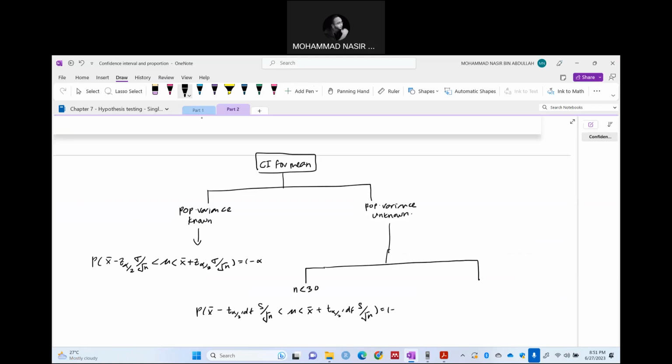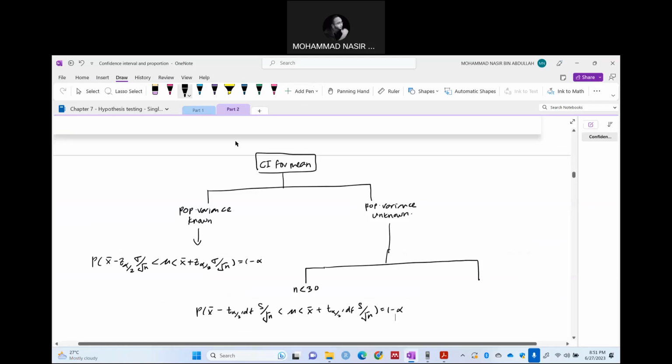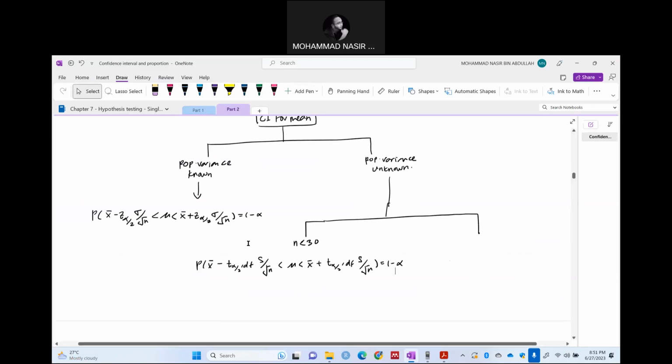This is 1 minus alpha. So when n is more than or equal to 30, right?